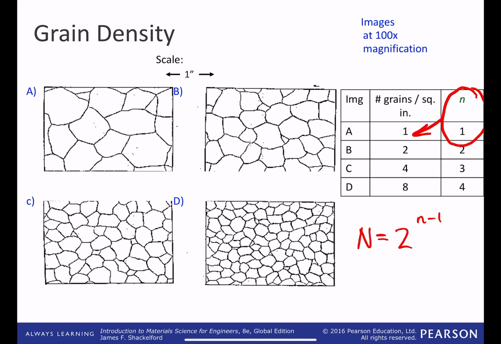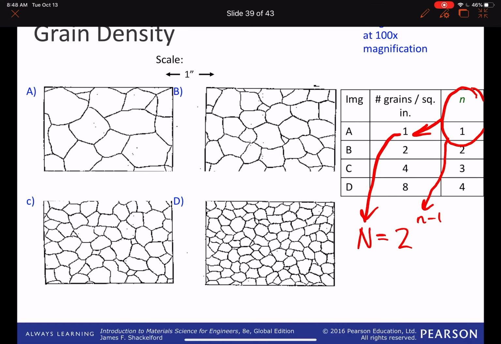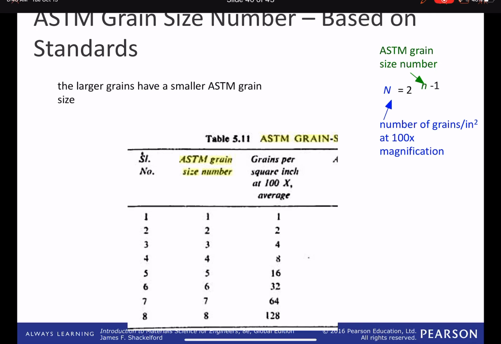So an exponent n of 1 would give us the proper number of grains per square inch. Hopefully you follow that this equation becomes quite useful, as we can now report a simple grain density number as we quantify images by this technique.